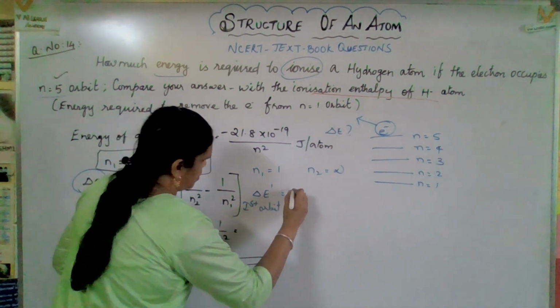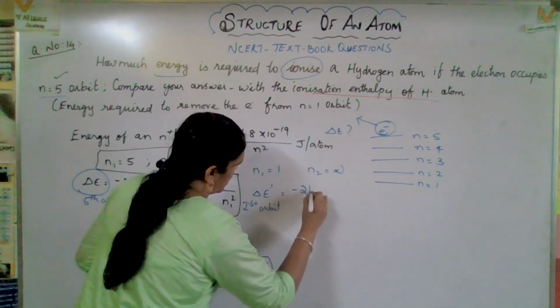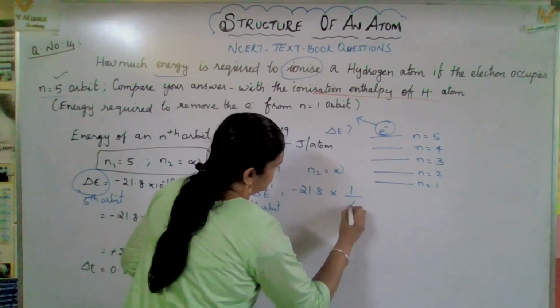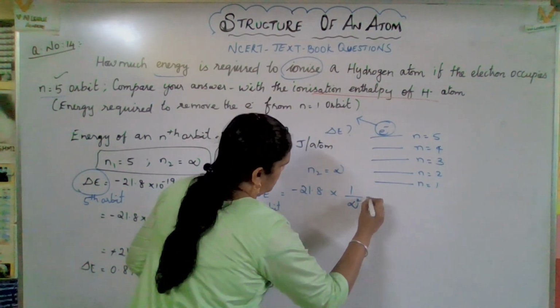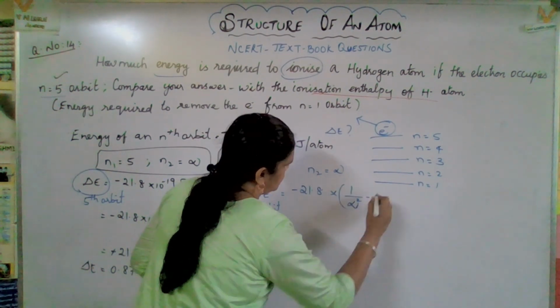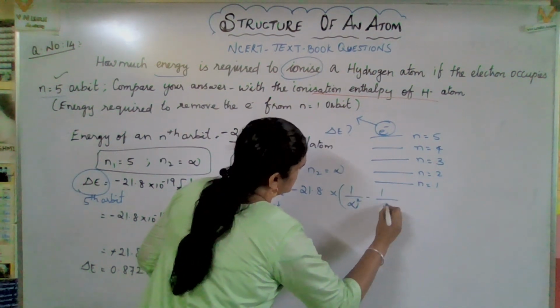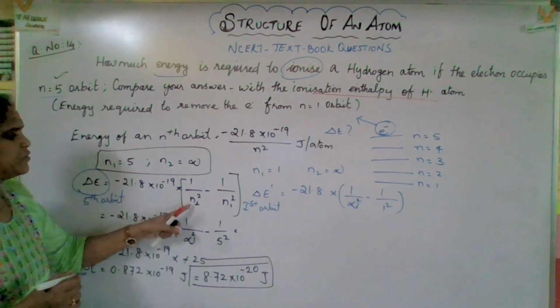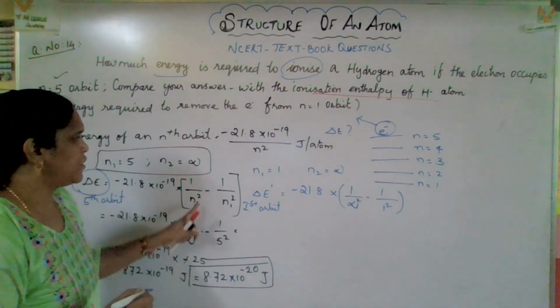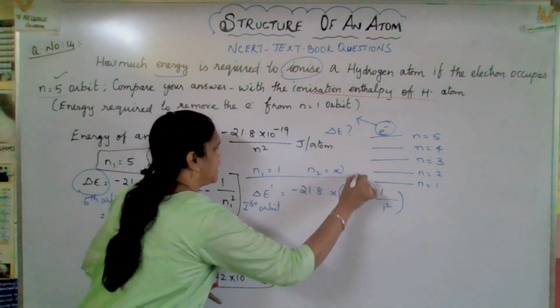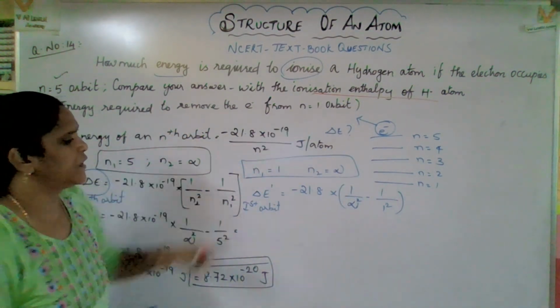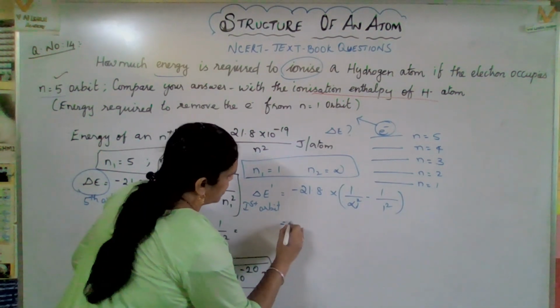Right. So delta E dash equal to the same way, minus 21.8 into 10 to the power of minus 19 into 1 by infinity squared minus 1 by 1 squared, right? The same formula we are using, n2 squared minus n1 squared. n2 is infinity and n1 equal to 1, the first orbit. Okay, so what value will you get?